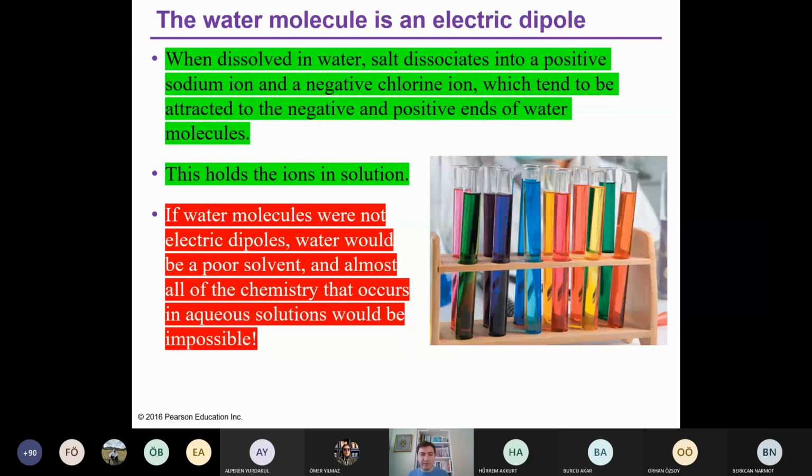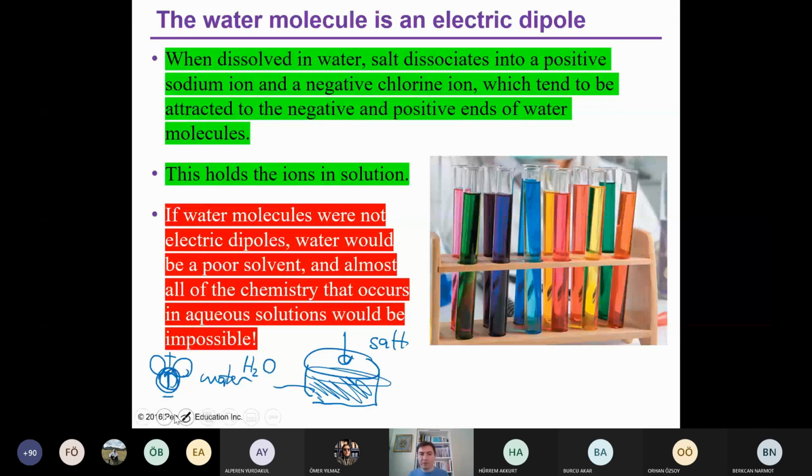Just consider that here we have a cup of water, and I add some salt into the water. What is water? Water is H2O. Hydrogen atoms are located here, oxygen is located here, then here we have positive charge, here we have negative charge, and then we have this electric dipole moment of the water.